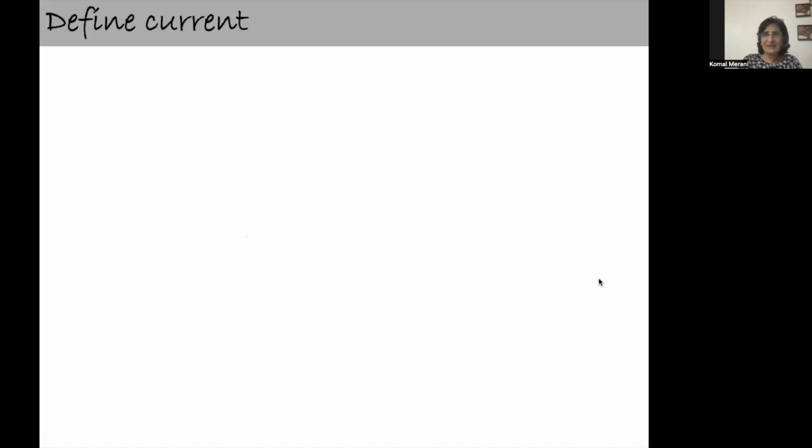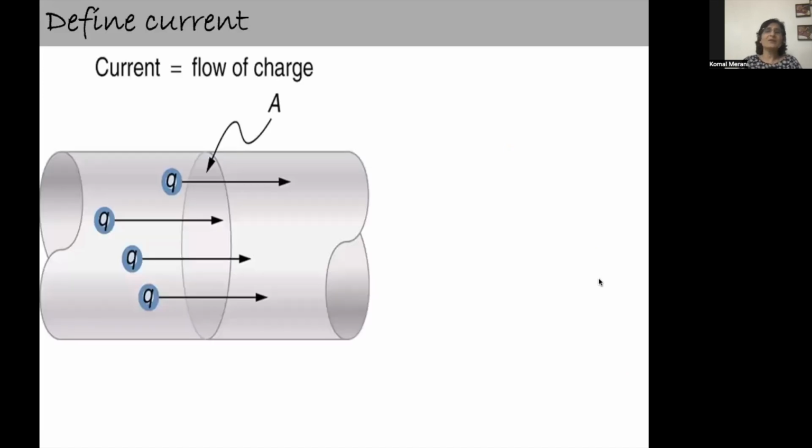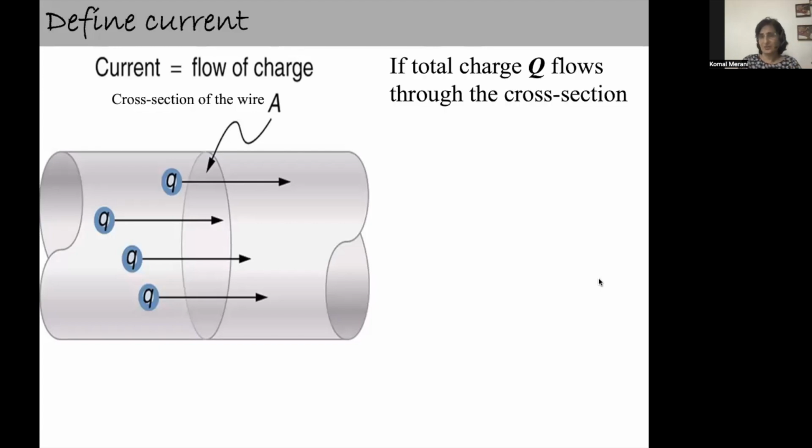So let's define current properly. Say you have a wire and there are a couple of electrons flowing through a particular cross section. Say A is the cross section of the wire. Let us take the total charge, which is Q, flowing through the cross section in time t.